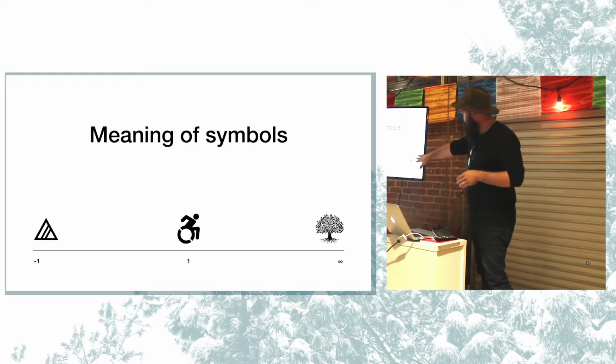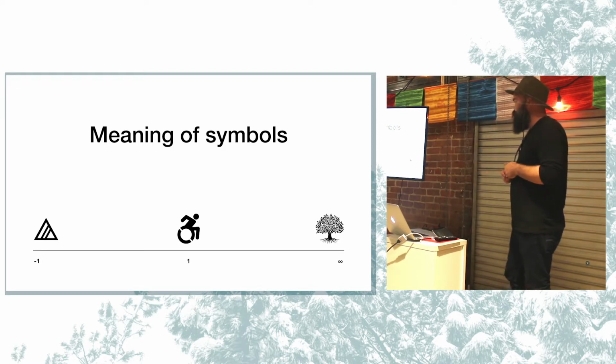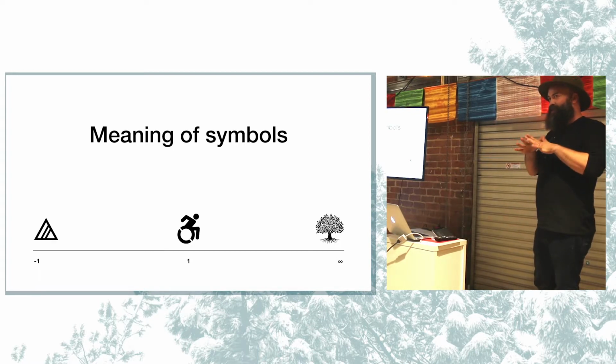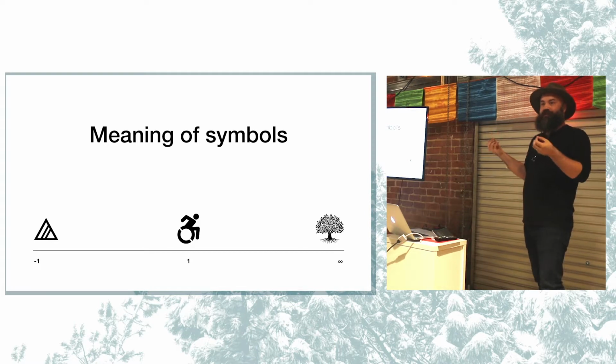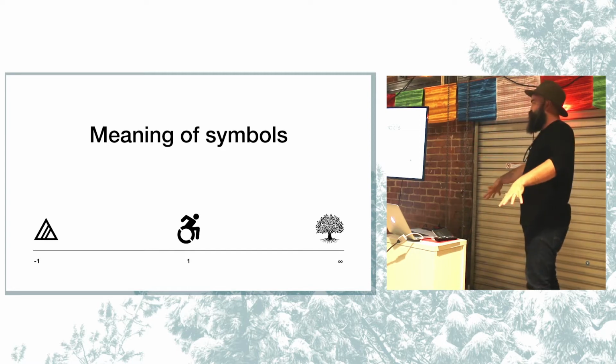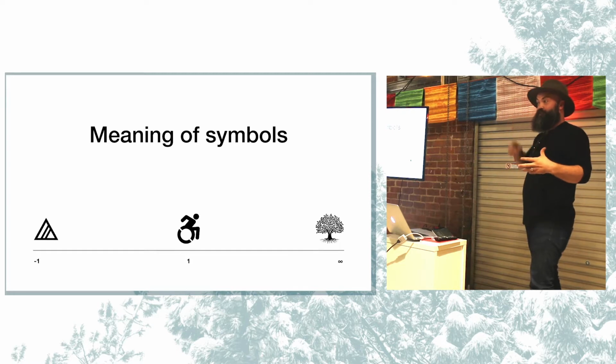And then the last symbol here is the tree of life. And the tree of life is again kind of like a religious symbol, but it somehow crosses over many different religious traditions. And it's this powerful symbol of life and growth and kind of like nature even, and how these roots spread out into the ground and create this beautiful ecosystem of life.